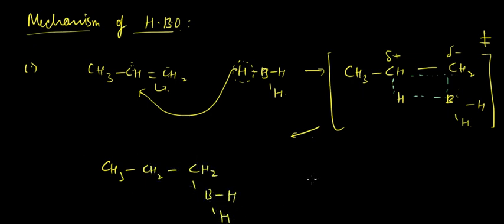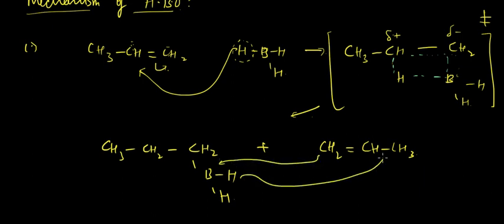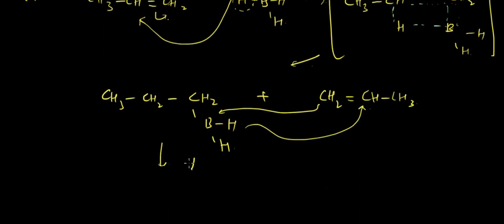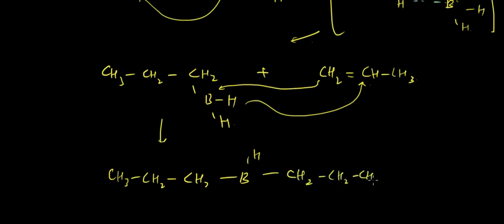H attached here. Now again the alkene molecule will attack on this B, and this H will be attached to this carbon atom. So we'll get one H still remaining here, and CH2, CH2 and CH3.